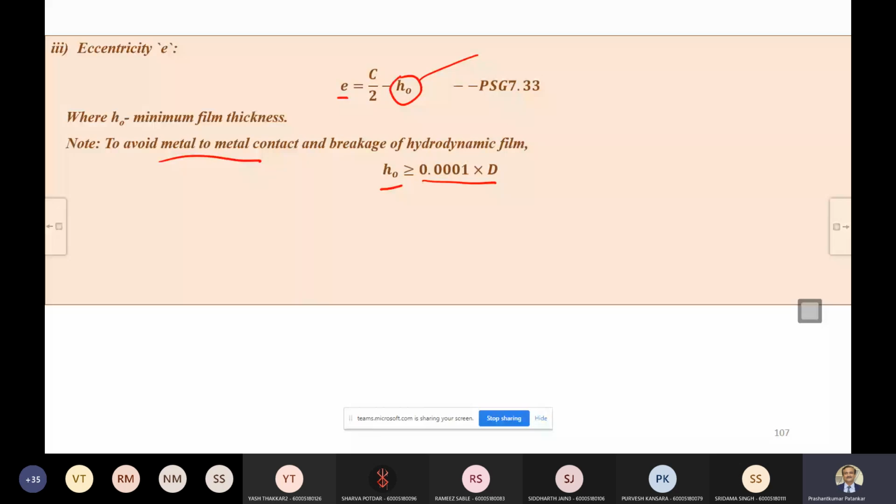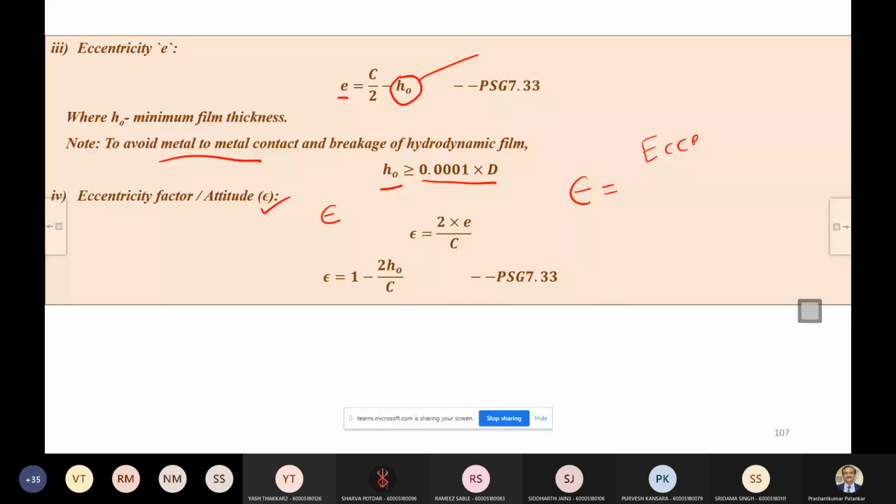Then the next term involved here is the eccentricity factor, which is also known as the attitude. It is denoted with the notation epsilon. The eccentricity factor is the ratio of the eccentricity upon the radial clearance.